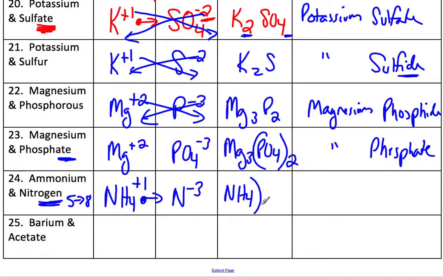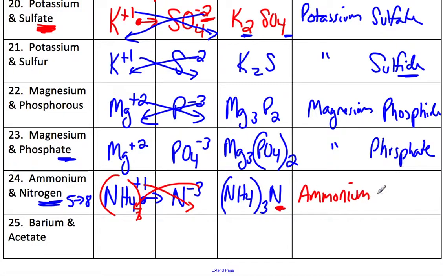So we need 3 ammoniums to hook up with 1 nitrogen. Notice what's happening to the charges here. The 3 gets written after the ammonium, so we're going to put it in parentheses, and the imaginary 1 gets written there. So this is ammonium nitride, and it's nitrogen off the periodic table, so change the ending to ide. It's not nitrate, because it's not a polyatomic ion. It's just nitrogen off the periodic table.